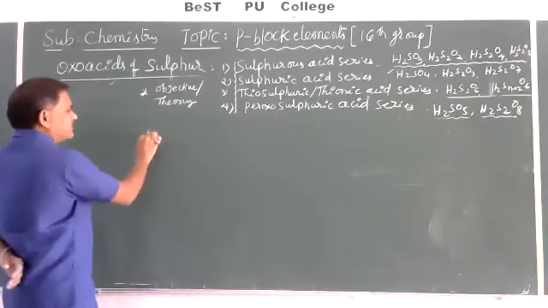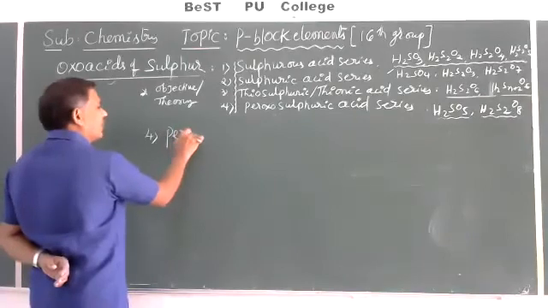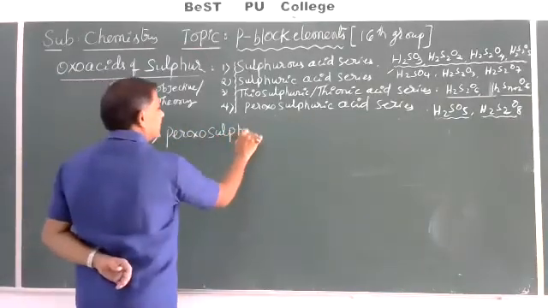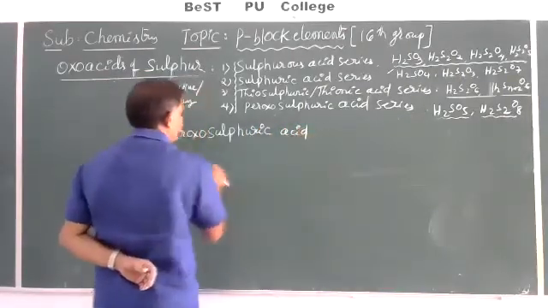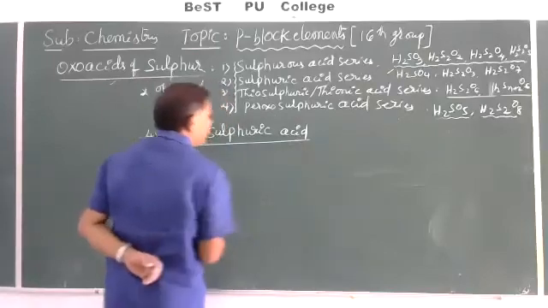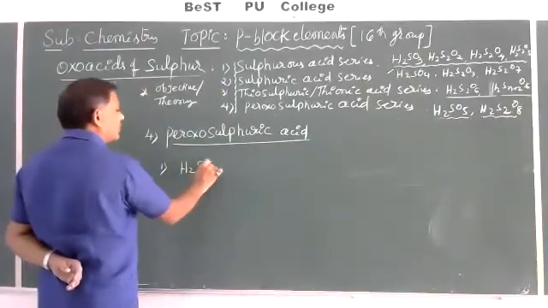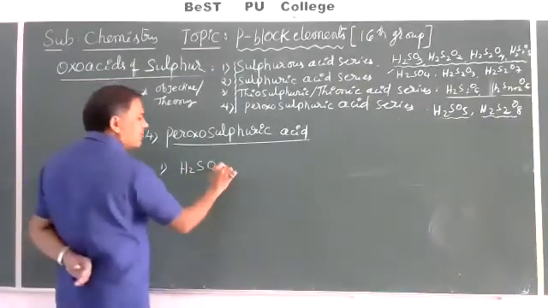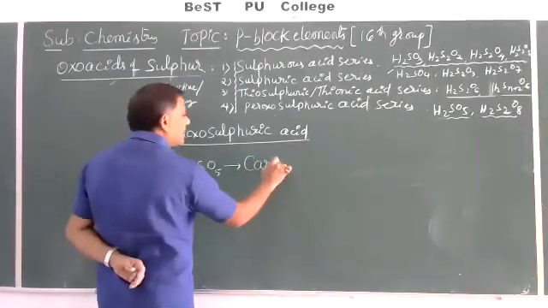So here the fourth one is the peroxosulfuric acid series. Under this, the first one is H2SO5. This H2SO5 has the common name Caro's acid.